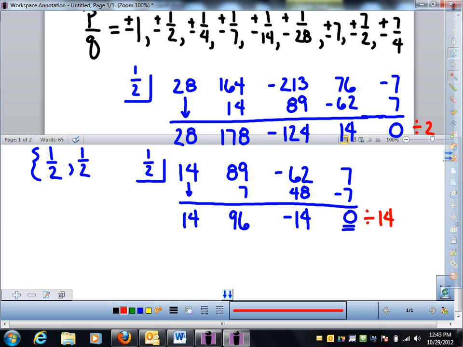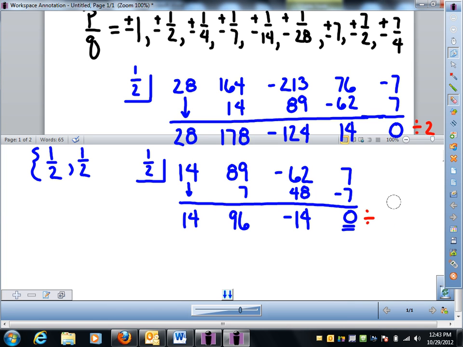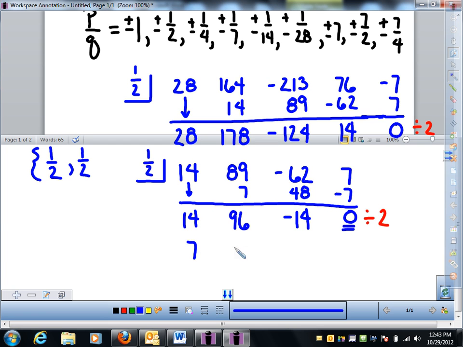Looks like it might only be divisible by 7. So we'll have to fix that. We don't want to divide by 14. In fact, we're only going to divide by 2. Let's just divide by 2 to start with. So that'll take me down to at least a little bit smaller number. So that'll give me 7. This will give me 48. This will also give me a negative 7.